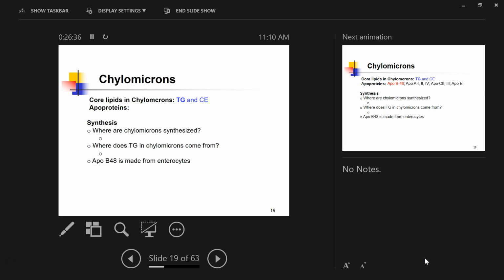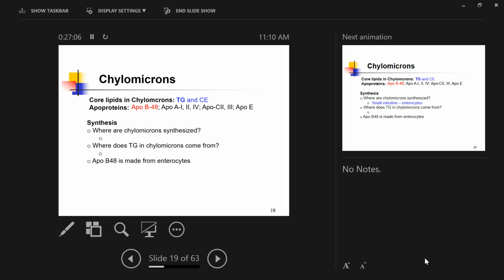And what are the apoproteins that are present on the surface of chylomicron? And which type of ApoB protein? 48, yes. So ApoB48 and also ApoA1, A2, A4 and ApoC2, ApoC3, ApoE.